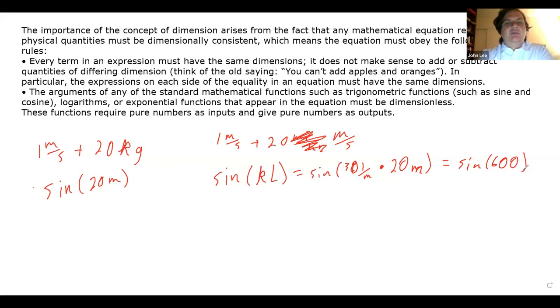So whenever you're talking about sine or cosine or exponentials or logarithms or anything like that, that take a number and output a number, then you have to make sure to have something like this in the function that cancels out the dimensions of the quantity that you're looking at.